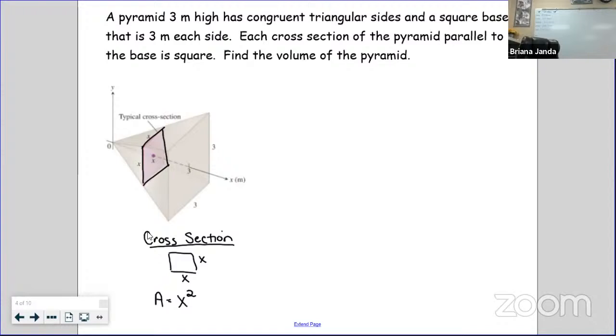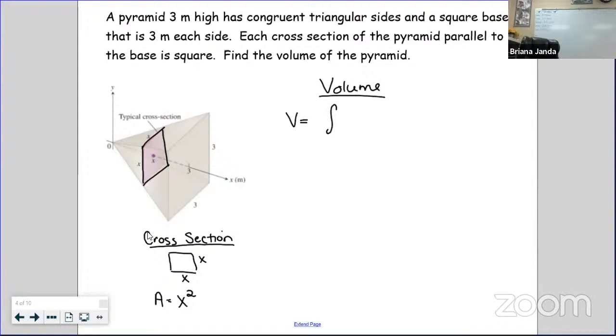Okay, so then moving over to the side here, our volume will come from the integral. And so when we're doing this, we want to think, okay, which direction is our squares being stacked up? And our squares are being stacked up along our x-axis. Small squares here up to bigger squares this direction. And they start on our x-axis at 0 and they stop at the height of that triangle at 3.